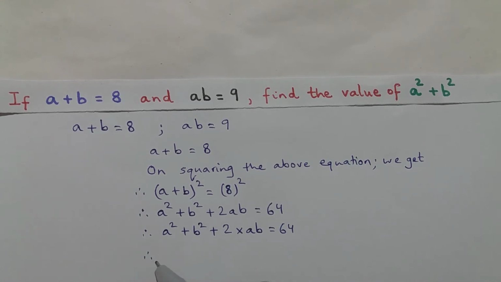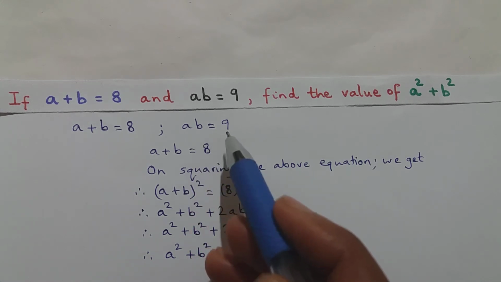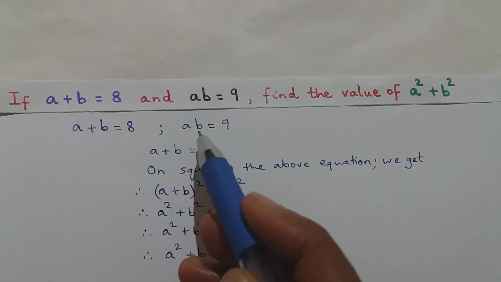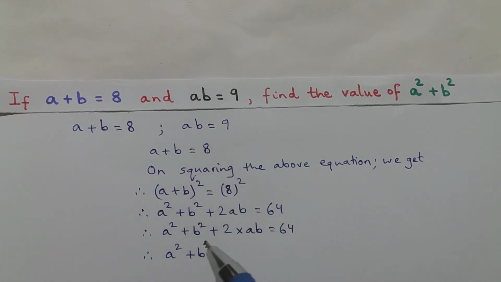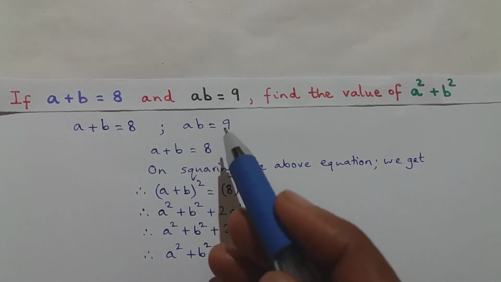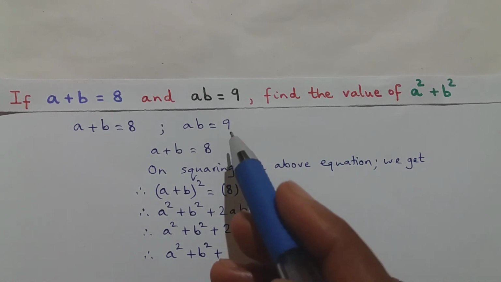Now we have been given that ab is equal to 9. So the value of ab is 9, and instead of ab I am going to write its value, which is 9.